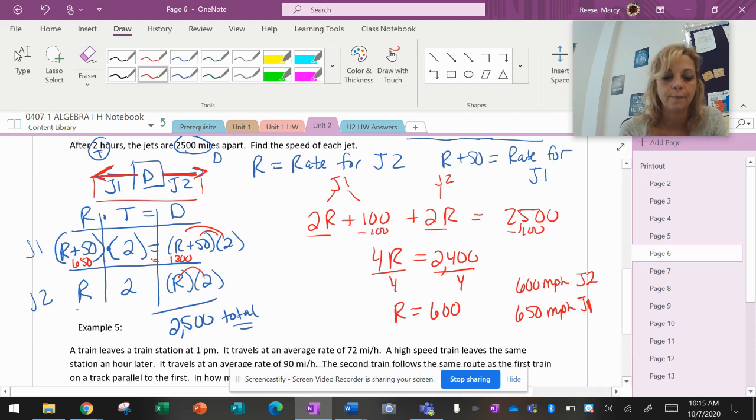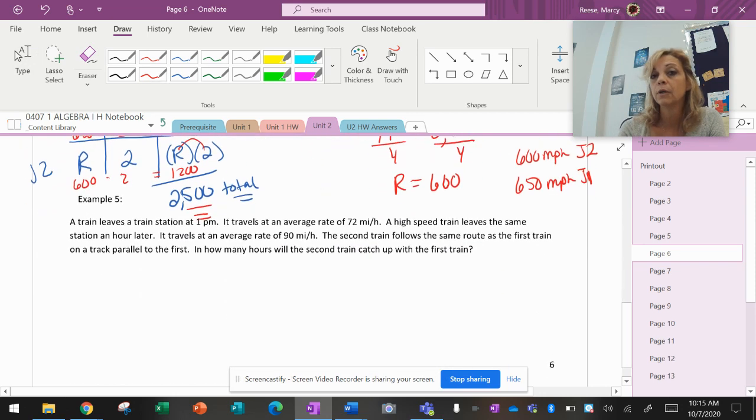The other jet is 600 miles per hour times 2 hours, which is 1,200 miles away from Dallas. Together, the 1,300 and the 1,200 total 2,500. So that's how I calculated it.